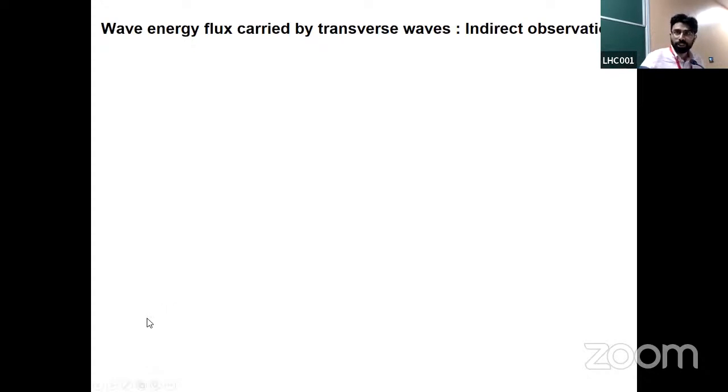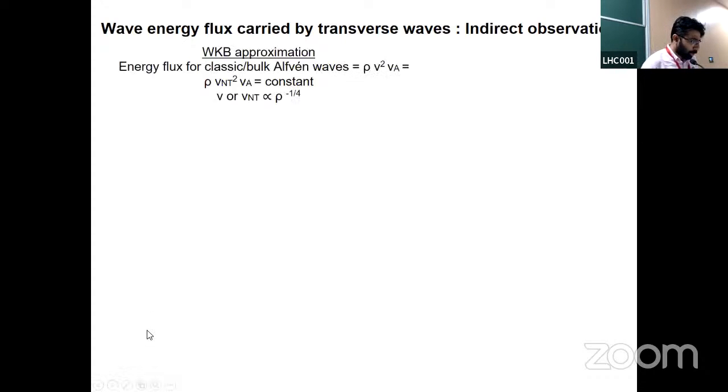Now, since there were two different ways of observing, one indirect and one direct, the wave energy flux can also be estimated using indirect observation as well as direct observation. So in indirect observation, we measure non-thermal line widths, right? These are non-thermal line widths. And then people derived a relation between non-thermal line widths and wave amplitude.